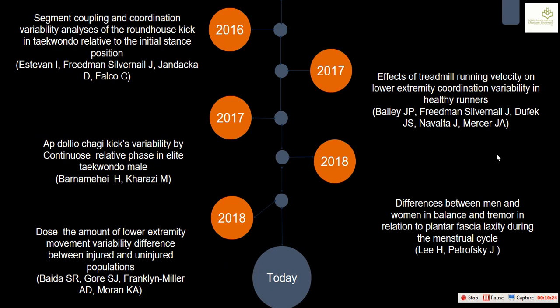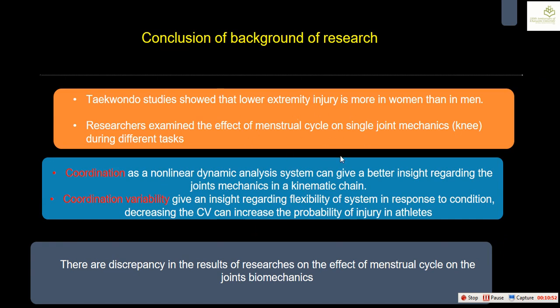For example, segment coordination, coupling, and coordination variability analysis during the roundhouse kick were done in taekwondo, but the menstrual cycle was not examined in this research. So we wanted to examine the effect of different menstrual cycle phases on coordination and coordination variability of lower extremity joints in females during the roundhouse kick.